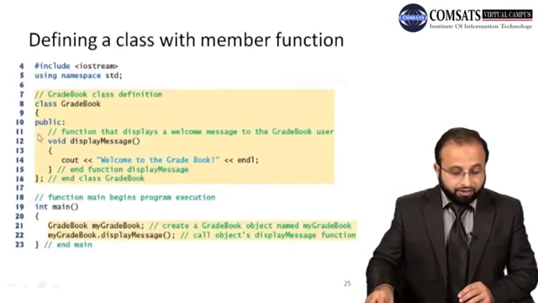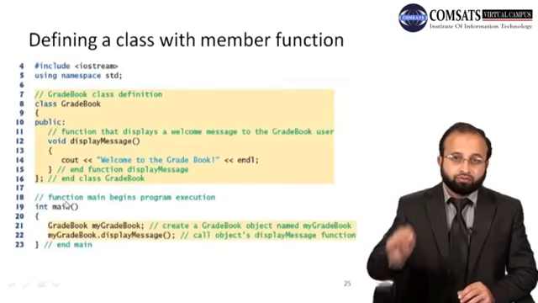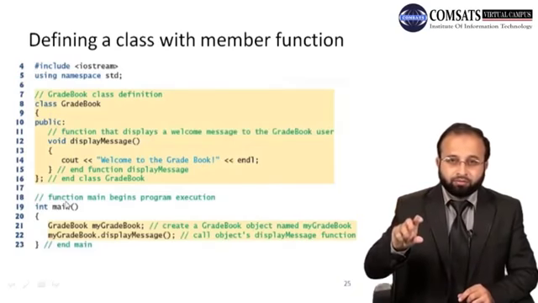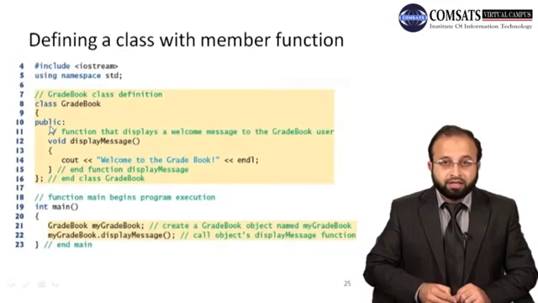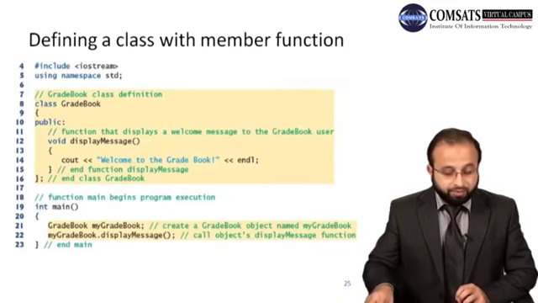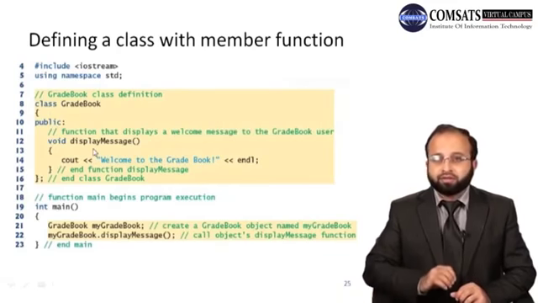So whatever we write after that public keyword, one function, two functions, three functions. So you write public, and then we have function number 1, function number 2, 3. So here in this class definition we just have one function, right? So this public keyword is basically there to tell that the displayMessage function is a public function.